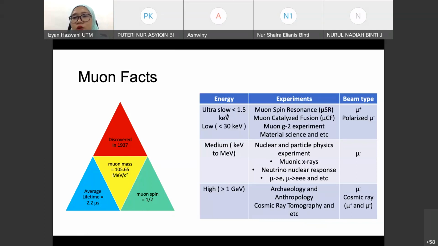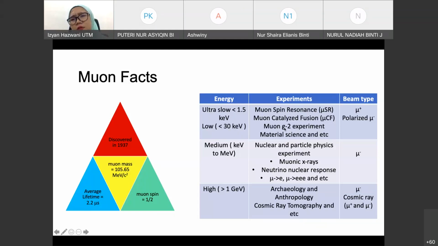The positive muon interacts like a heavy electron, so it is used for material science where we require some interaction in the surface region. The ultra slow and low energy muon, less than 30 keV, is specialized for muon spin resonance, muon catalyzed fusion, and muon g-2.